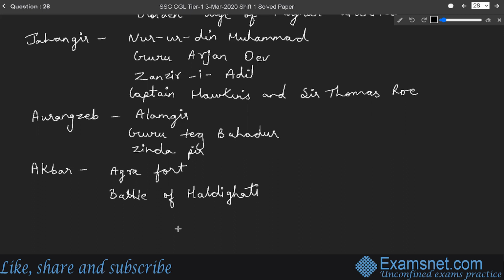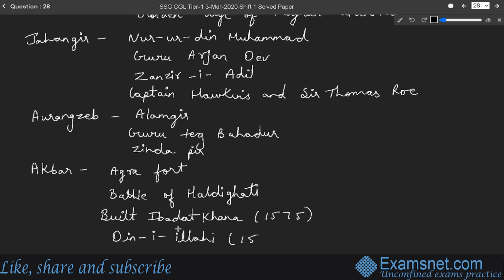He also built Ibadat Khana in the year 1575. He also established an order which was known as Din-i-Ilahi. This happened in the year 1582.